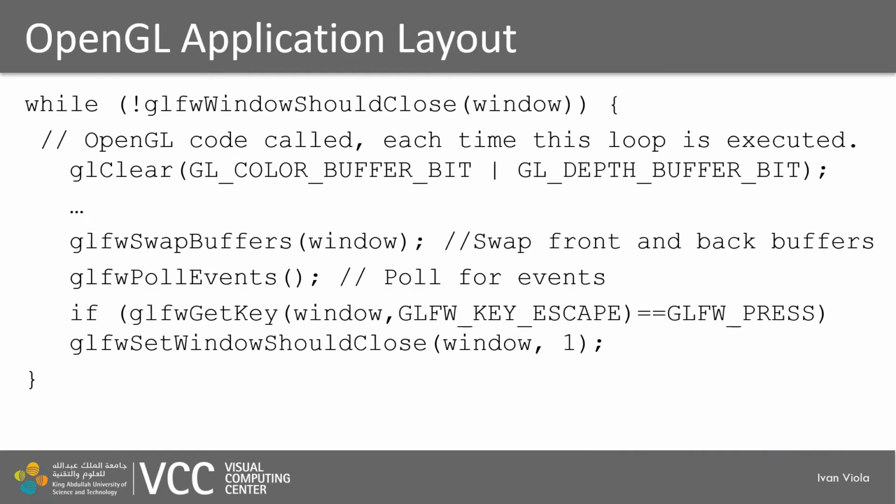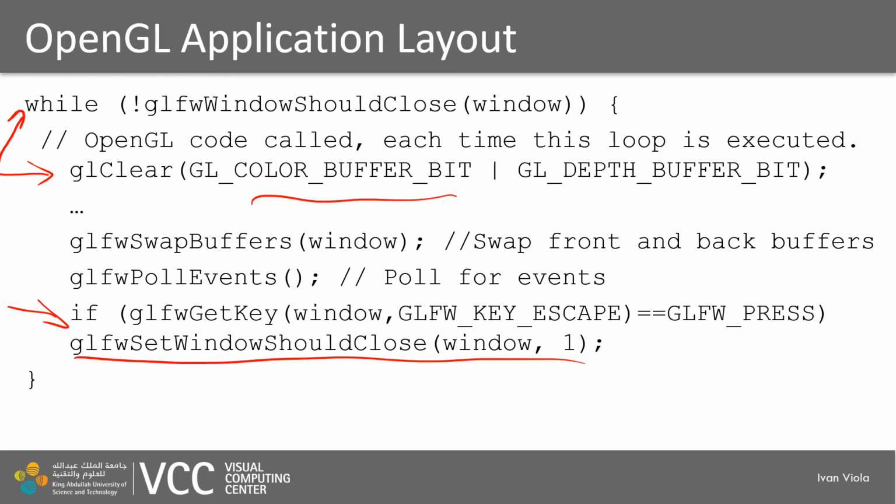So our rendering application can be, for example, realized in an endless loop like shown here. We have a while loop that runs until we are closing the window, which is triggered by the escape key. In such a case, we will be setting the closing of the window to true. But while this is not the case, we will be performing the rendering. First, we will be clearing the color buffer and the depth buffer.